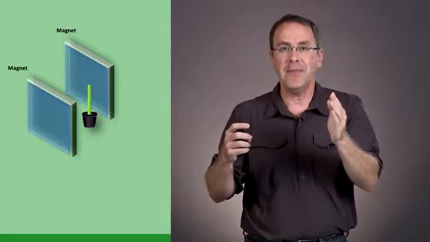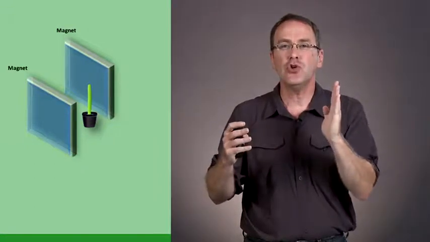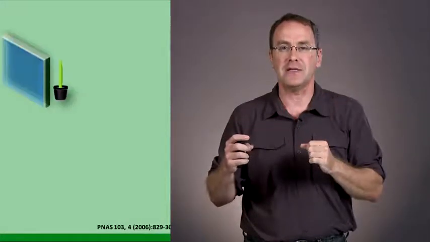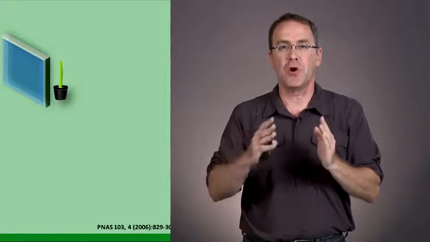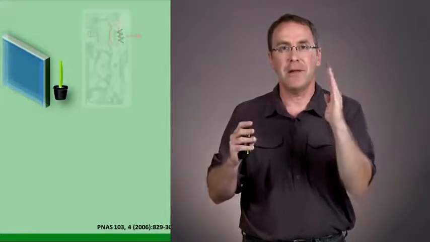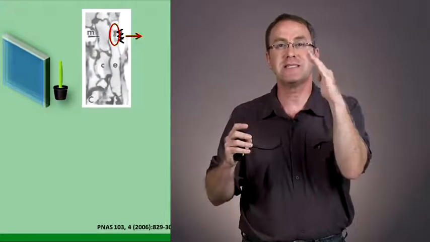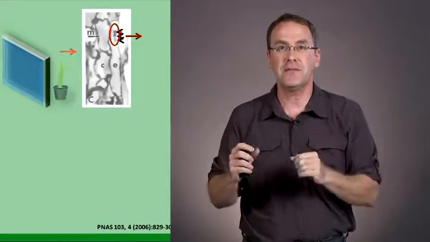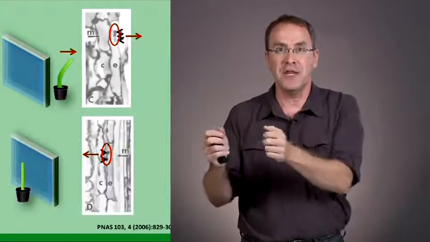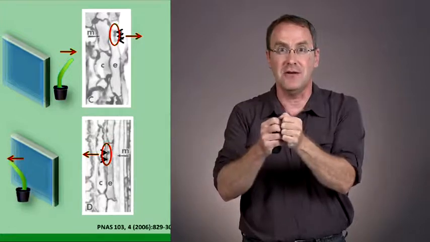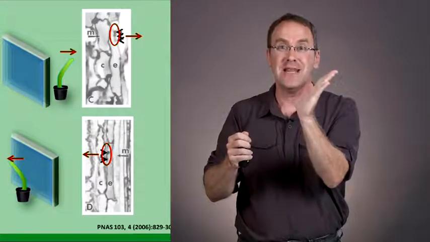And what ended up happening is that the shoot would then bend according to where the amyloplasts are. If the amyloplasts were on the right side of the cell, the whole seedling bent to the right. If the magnet was reversed and the amyloplasts are on the left side of the cell, the seedling bent to the left. In other words, the direction of the bending correlated with the position of the amyloplasts.